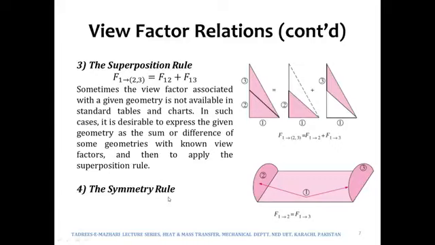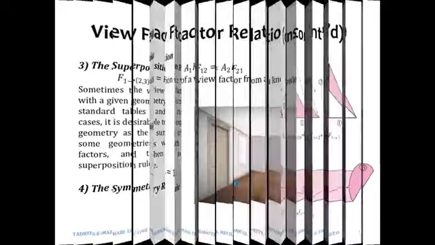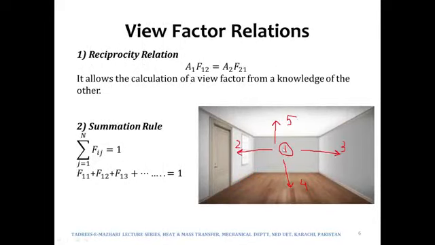The last is the symmetry rule. So for example, you can see over here that F12 would be equal to F13, as long as 2 and 3 are having the same area.